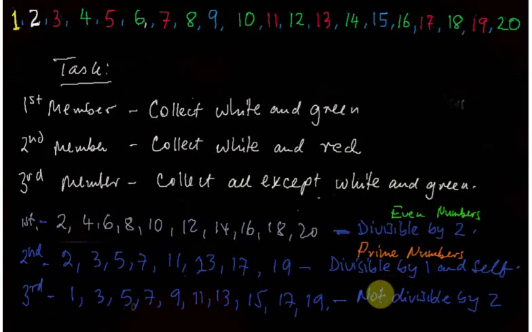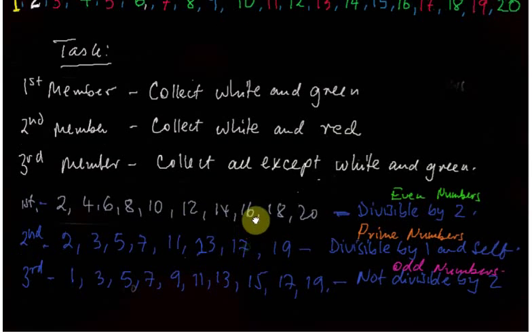They are not divisible by any other number. And the third one, these are odd numbers. Odd numbers are numbers which are not divisible by 2. So the last group we call odd. These odd numbers are not divisible by 2.